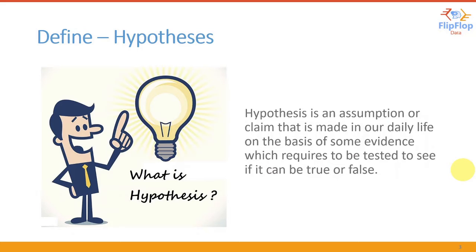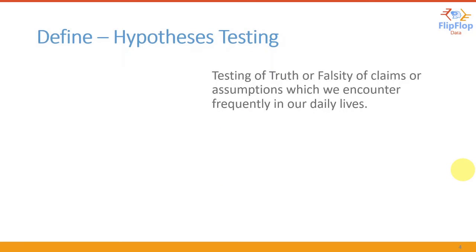Next, how do we define hypothesis testing? Hypothesis testing is the testing of truth or falsity of such claims or assumptions, that is the hypothesis, which we encounter frequently in our daily lives. Here what we do is verify a claim about a population parameter using a sample.